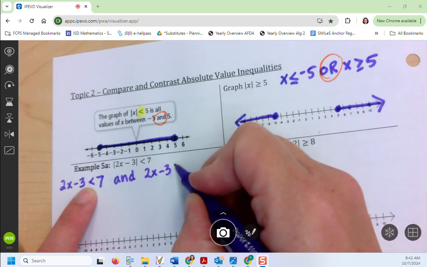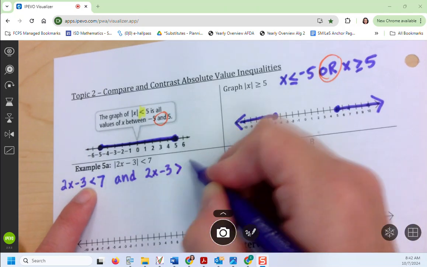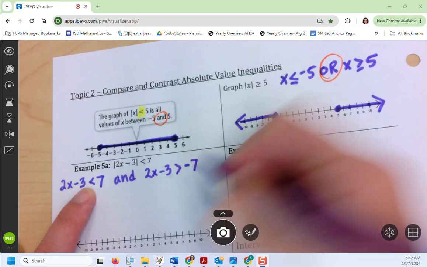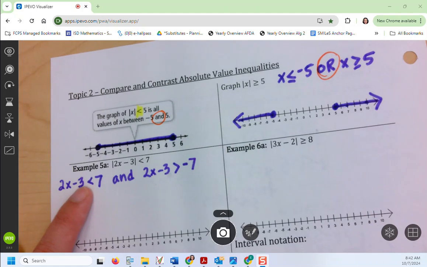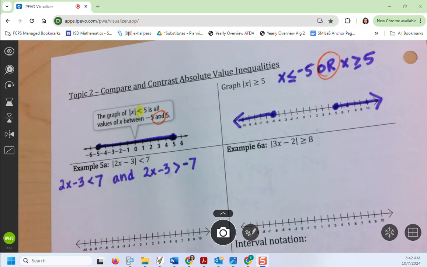Instead of less than this time, we're going to have greater than negative 7. So it's either going to be less than 7 or it's going to be greater than negative 7, and you're going to solve both of those. So we're still going to undo operations. Undo a minus with a plus, undo a multiply with a divide. You will probably get some decimals, and that's okay. Go ahead and solve those two.